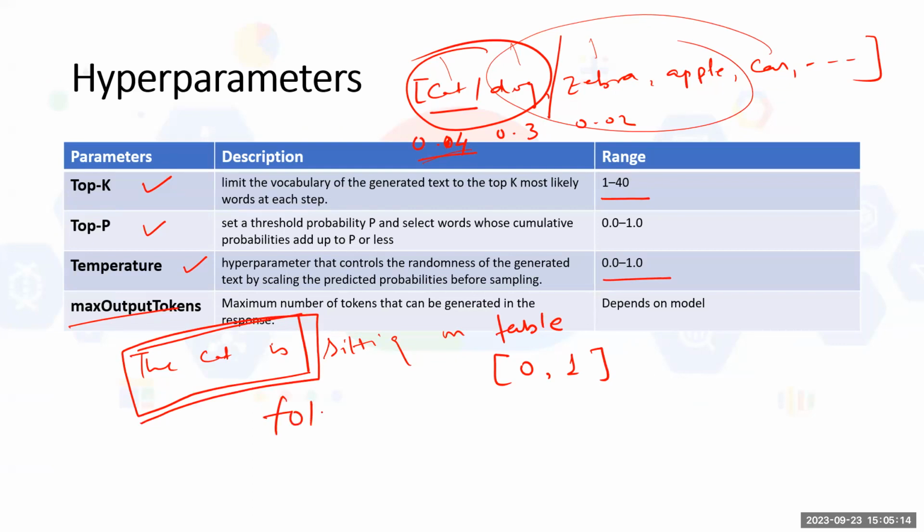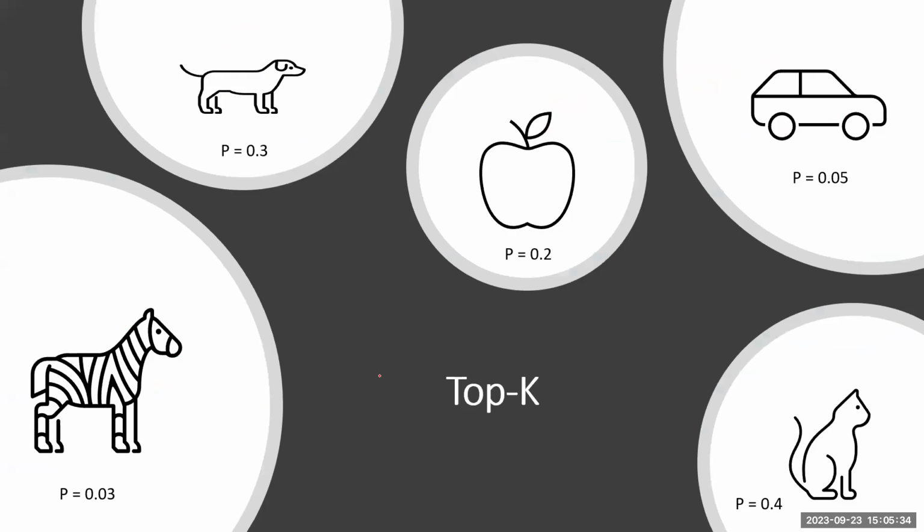Here, a token is approximately 4 characters. That means if I give a token size of 100, I will get about 40 to 60 words. Now let's have a visual representation of all these explanations in detail.